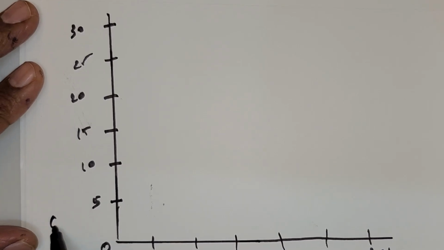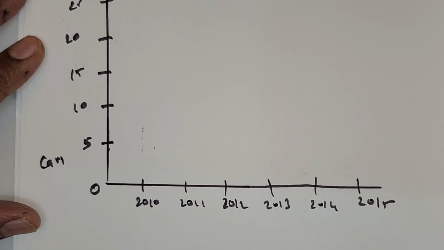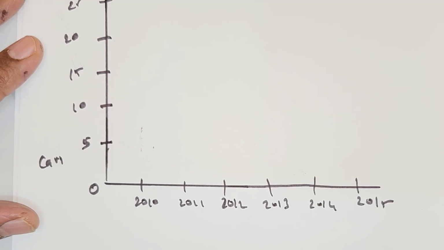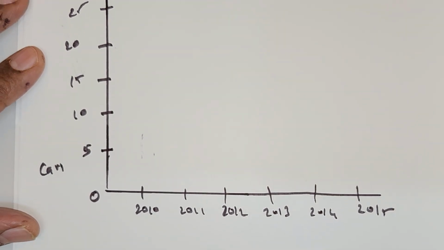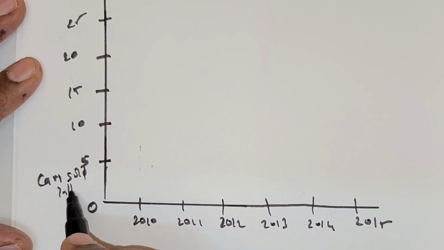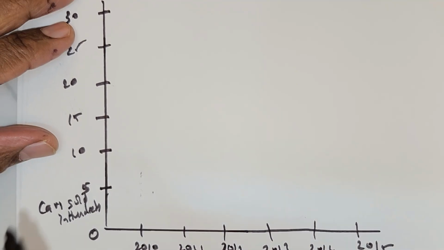So these are all cars sold in hundreds. So in 2010 you have 1900 cars being sold.